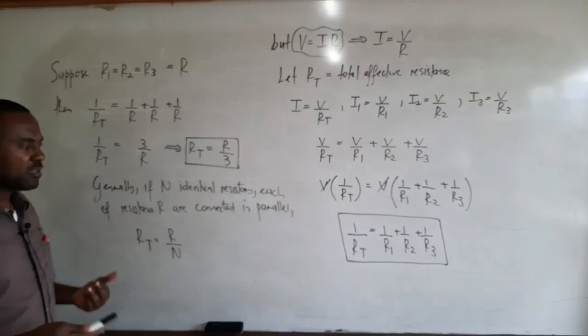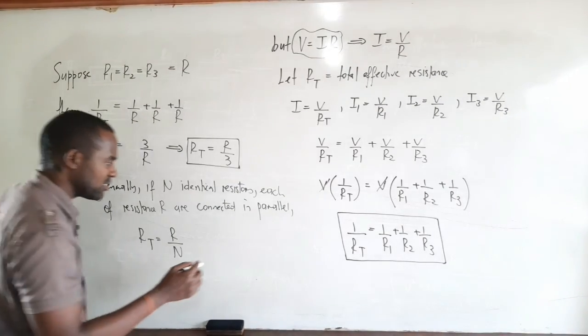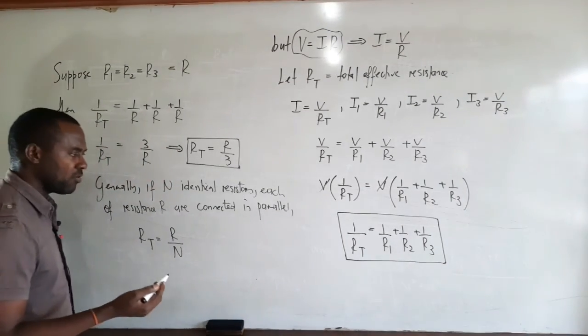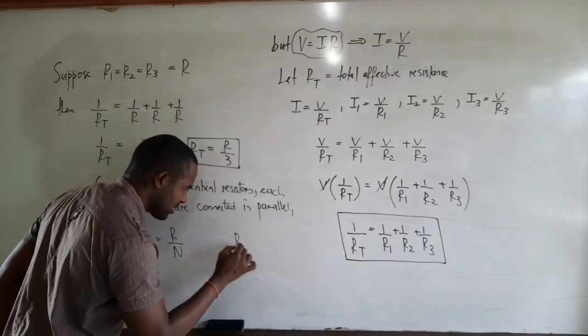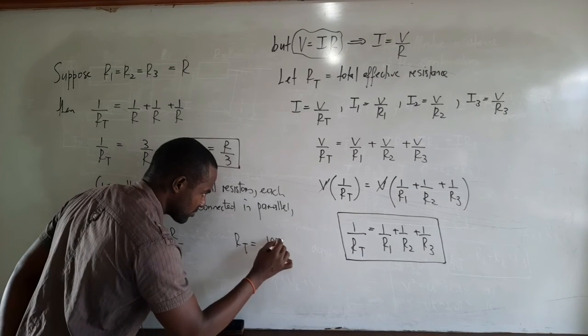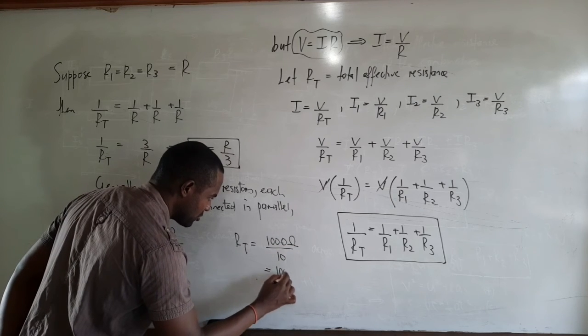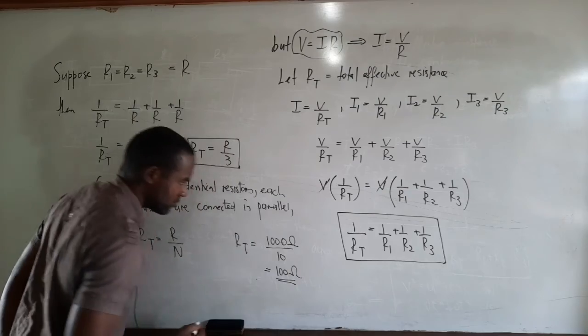For instance, if we have 10 resistors, each of resistance 1,000 ohms, then RT is equal to 1,000 ohms divided by 10, which gives us 100 ohms.